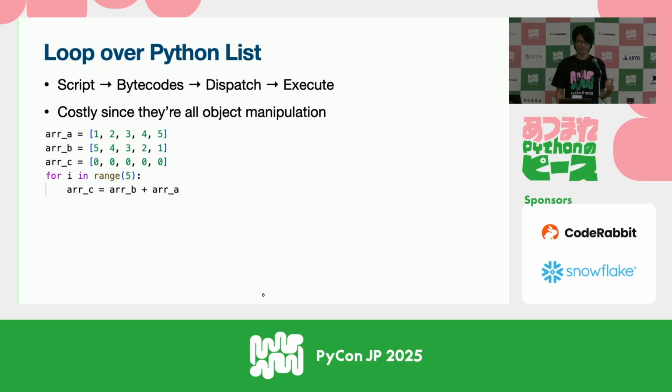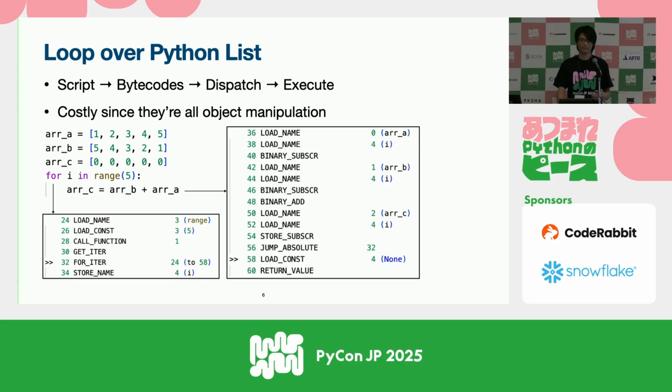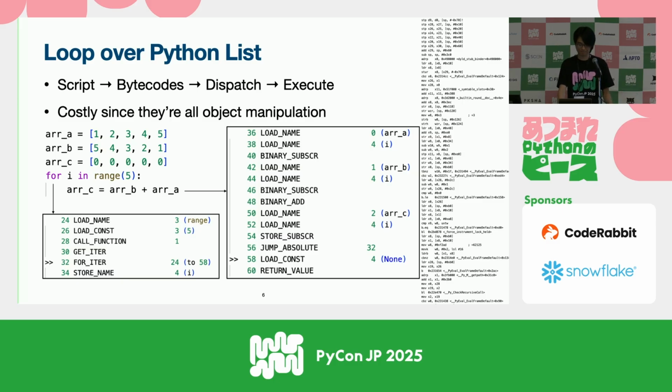For example, here is a simple list iteration. We can see the for statement is transformed into this kind of bytecode, and the addition is transformed into other bytecodes. And these bytecodes have to be dispatched to C functions and then transformed into a bunch of assembly, so this can be slower.